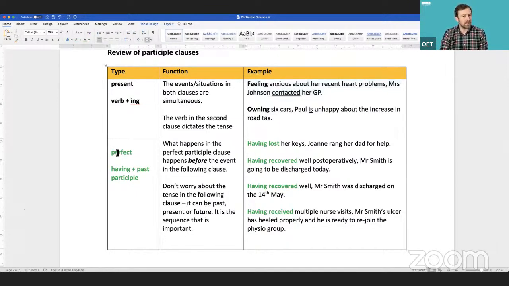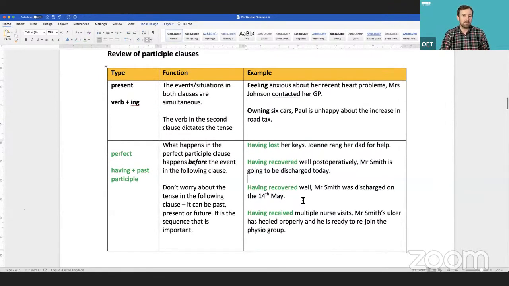They're much more likely to say that this is good because this is showing sequence, and sequence is important. Being able to say when things happened and in which order they happened, and to be able to play with that with different grammar, that's more impressive. So I think it's easier to use the perfect participle, but I think it's also more impressive in terms of how it sounds and the role it plays in your OET writing.